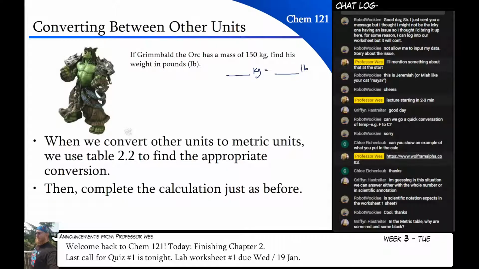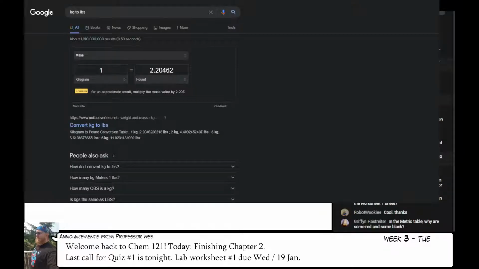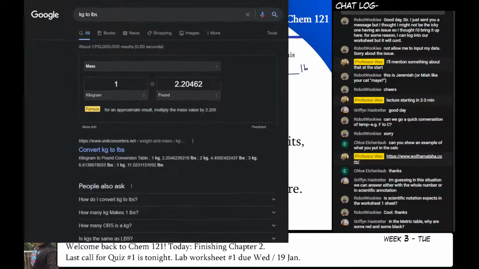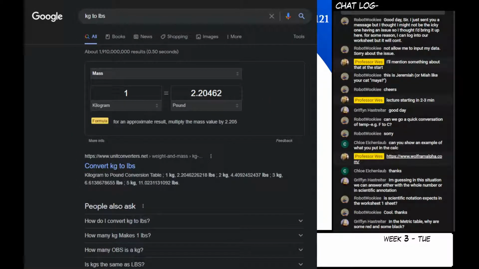Alternatively, since you probably have a computer, which is how you'd be watching this, I assume, you could instead go to Google. And we'll do that. We can cover up my face, that's fine.